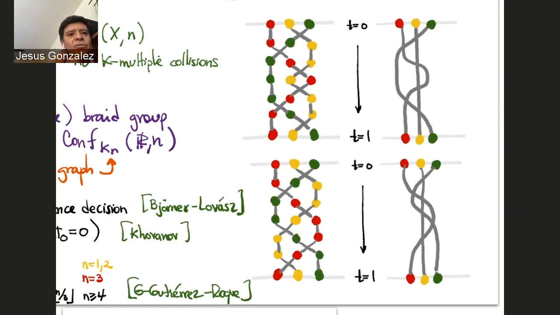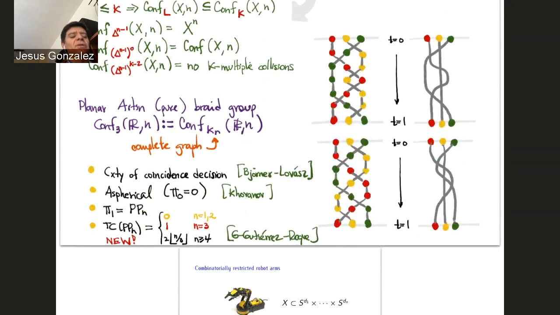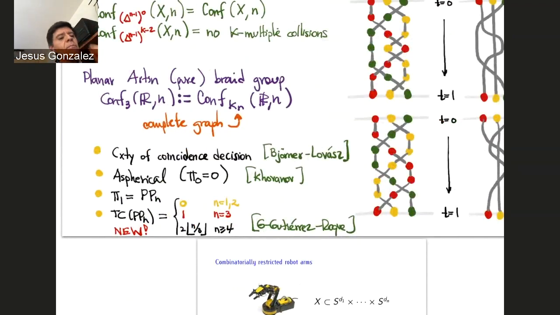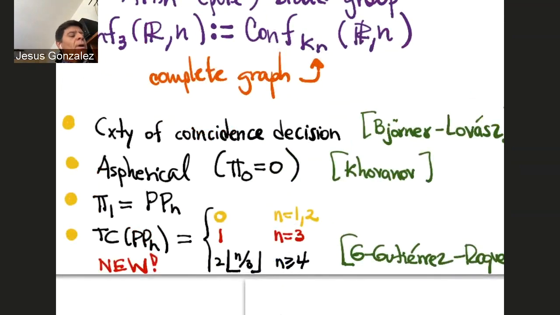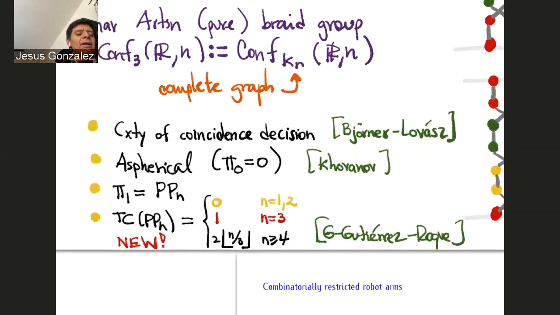And then you have this group, you have the corresponding theory for these groups, and then you could ask, well, what is the topological complexity, or say the category of these groups, namely what is the topological complexity of the classifying spaces of these groups. And this is a new result that we got with a couple of colleagues, Barbara Gutierrez and Christopher Roque, who are recent PhDs from our department.